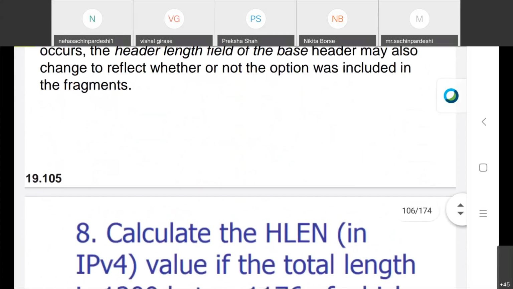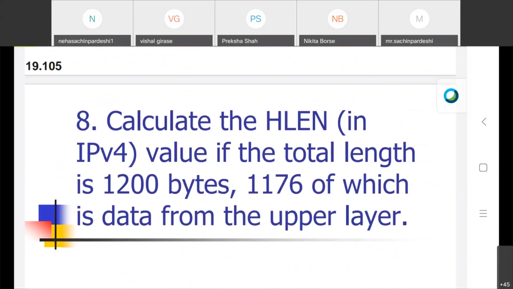Now we'll see. Calculate the header length in IPv4 if the total length is 1200 bytes. So total length is given as 1200 bytes and 1176 of which is data length.